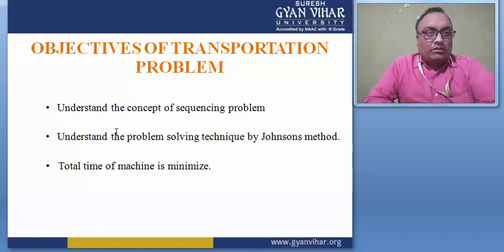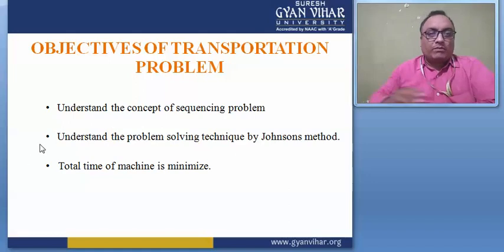The objective of this topic is that the student is able to understand the concept of the sequencing problem. The concept of the sequencing problem means how to manage the different machines in one workshop, and to understand problem solving techniques by the Johnson method.